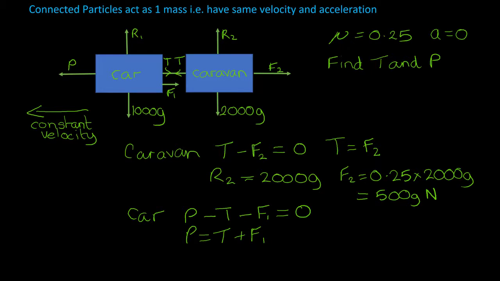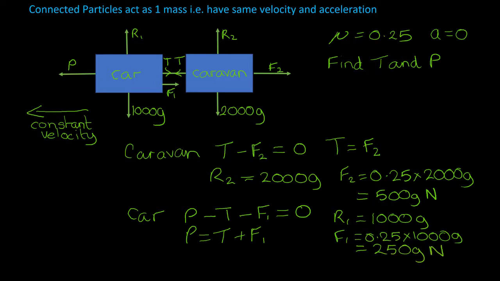And we're going to get F1 in the same way that we got F2 by resolving vertically, first of all, to see that R1 equals 1000 G. And then F1 will equal 0.25 times 1000 G, so that means it will be 250 G newtons.